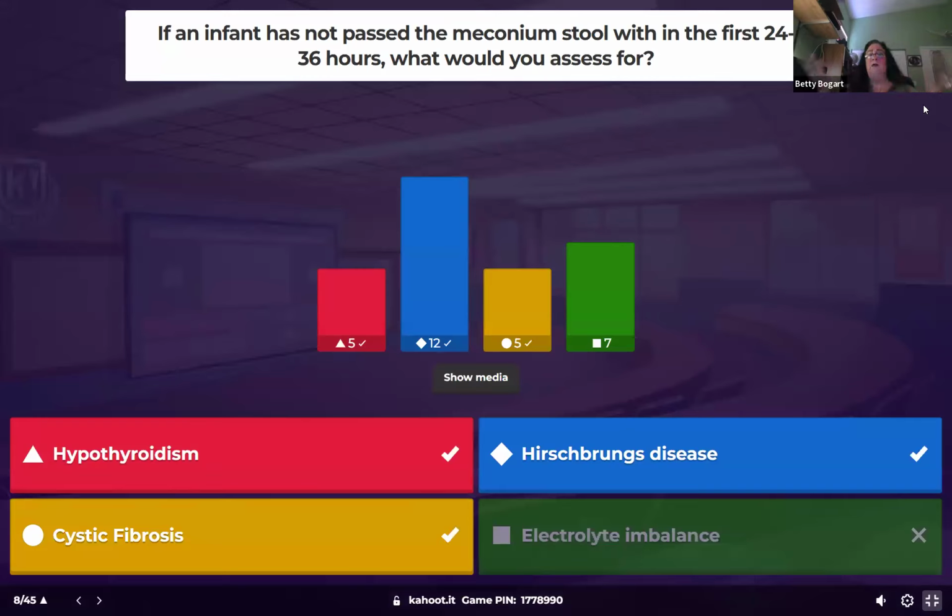So electrolytes have nothing to do with not passing a stool, okay? It is either your thyroid's not working, cystic fibrosis, or Hirschsprung's, which is an obstruction. Those three things you see all over in many questions. That's an important concept you need to know.